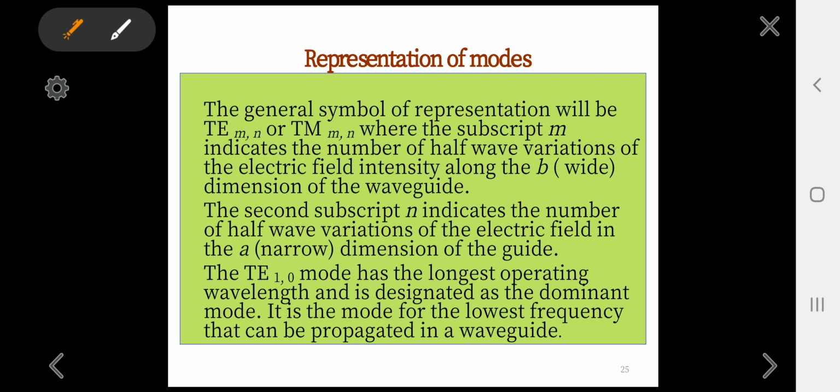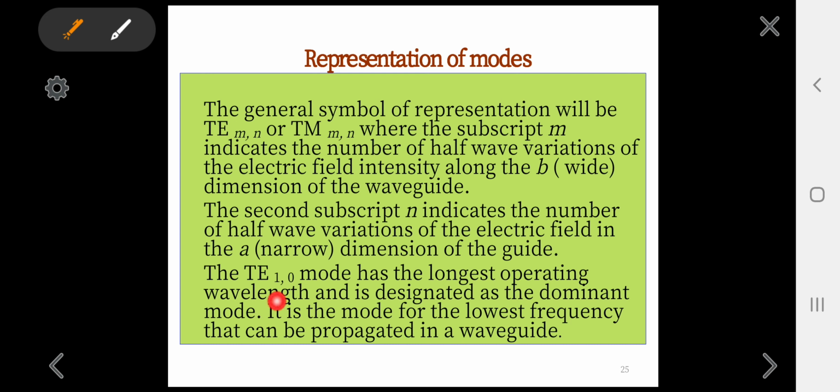We know that a is narrower than b, so b is the wider one. So b we can take as m and a we can take as n. So what do we mean by the TE10 mode?